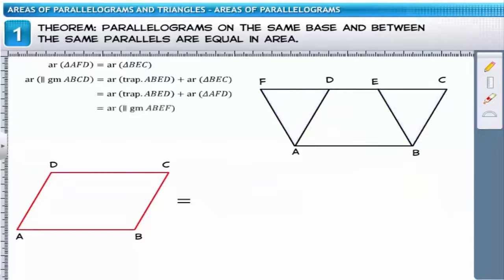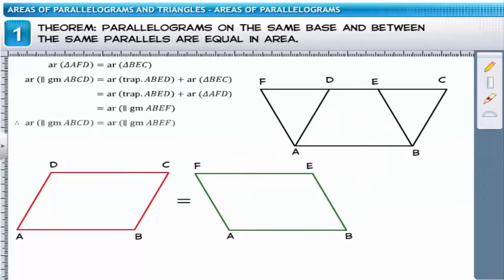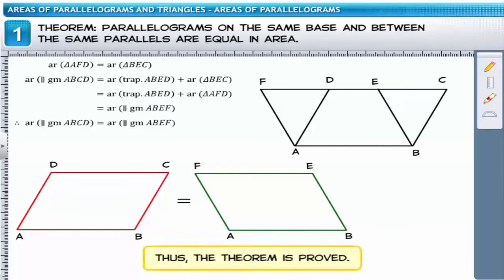This is equal to the area of the parallelogram ABEF. Therefore, we have proved that the area of the parallelogram ABCD is equal to the area of the parallelogram ABEF. Thus, the theorem is proved.